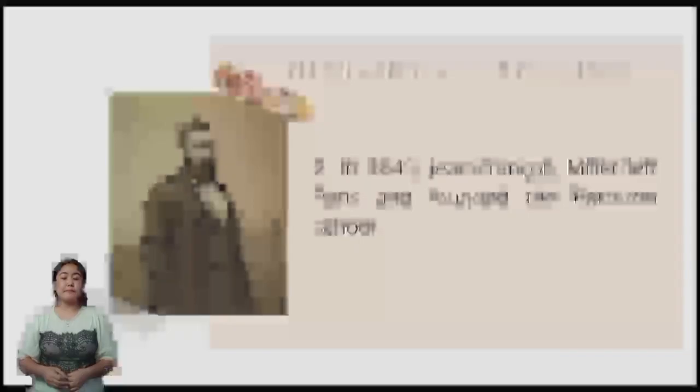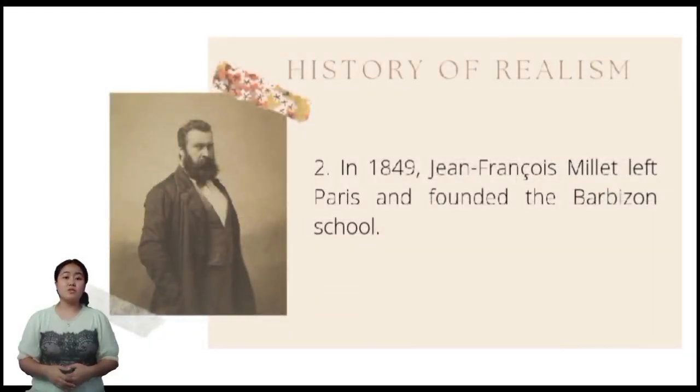During the same period, in 1849, Jean-François Millet left Paris and moved to Barbizon, a French village located near the forest of Fontainebleau. In this village, the artist founded the Barbizon School.